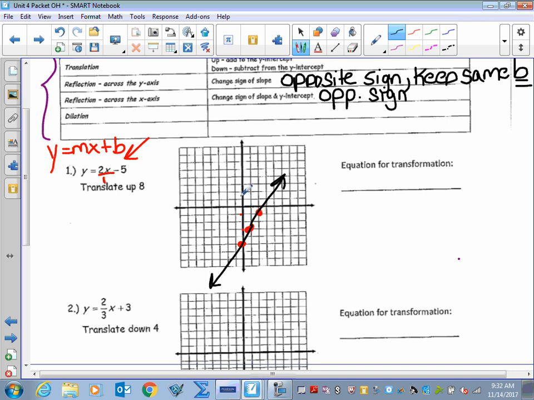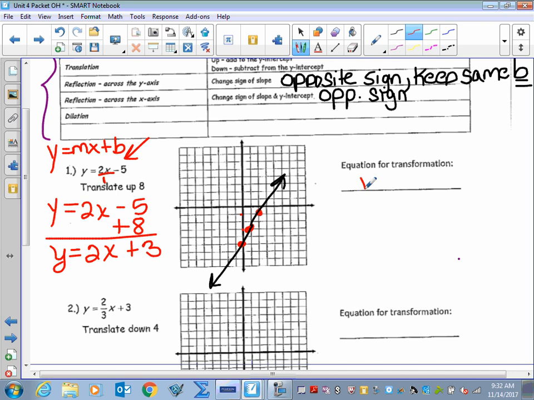So this is what I'm going to do. I'm going to write down my original line. I'm going to add 8 to the y-intercept, to b. So my new line will be y equals 2x plus 3.